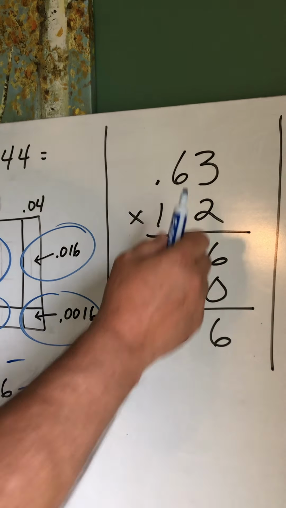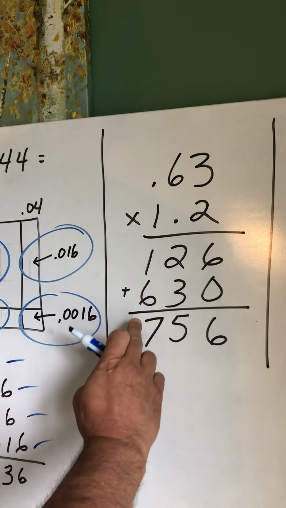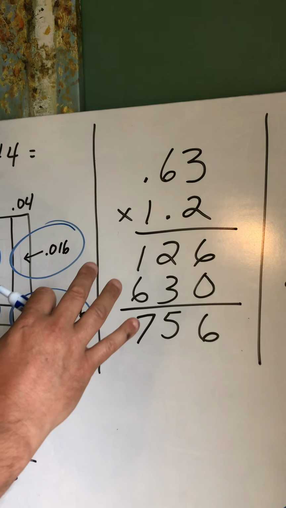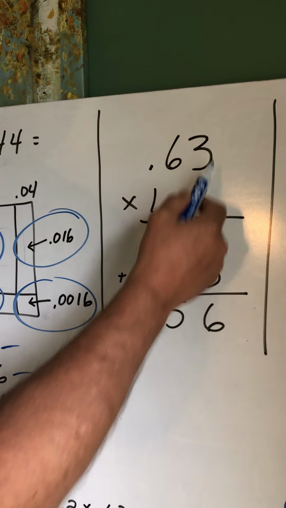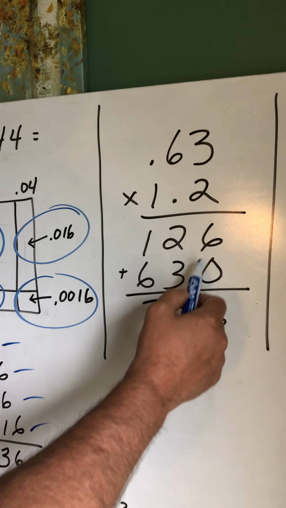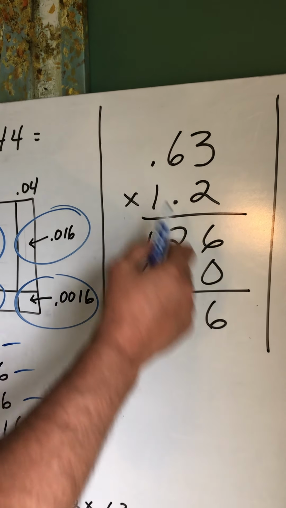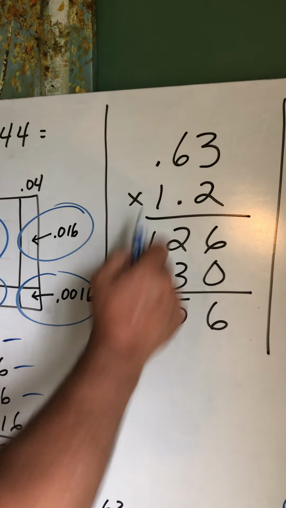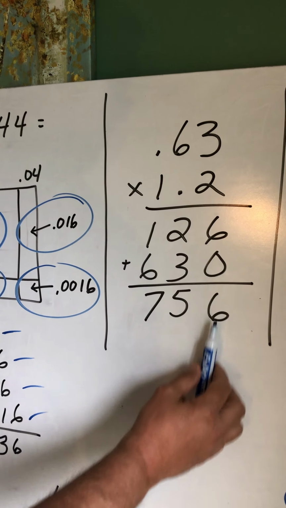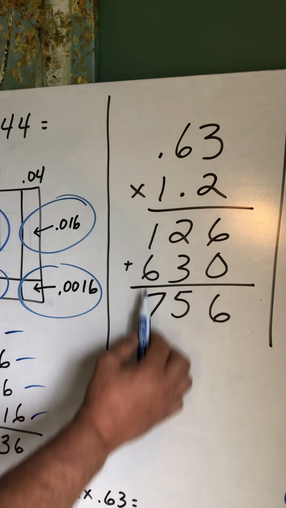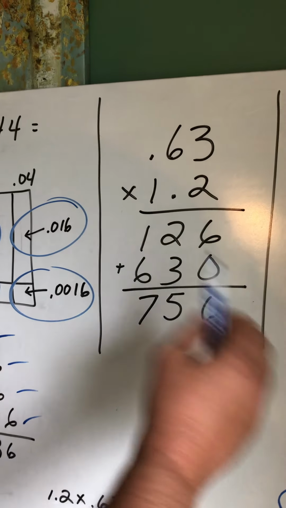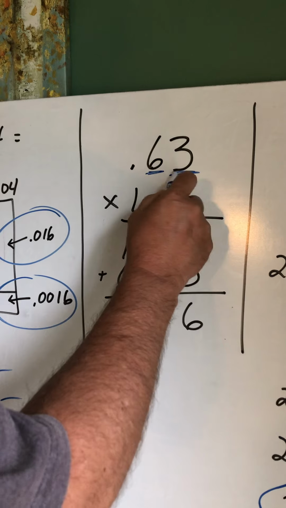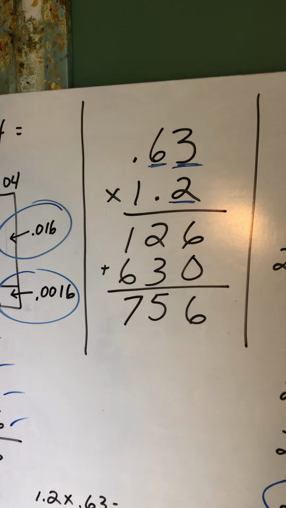the final answer. So the way to do this, first of all, is pretend this is 63 times 12. So there's my first layer, there's 6, there's 12. We put our 0 because we're working on tens, put a 0, and then 3 and 6. Now, when you add them up, we get 6, 5, and 7. We go back up here. Where do we put the decimal? Well, all the numbers to the right of the decimal, you count those.